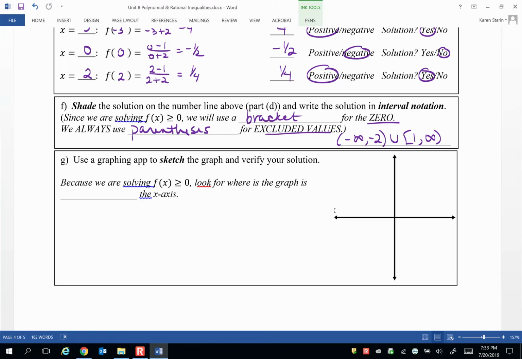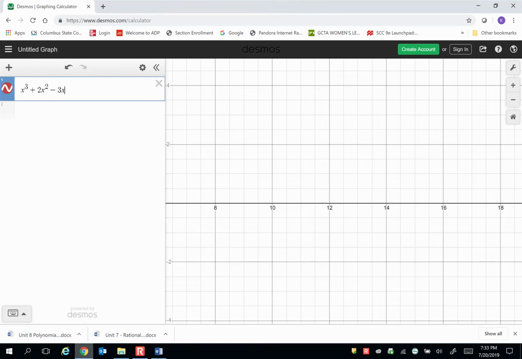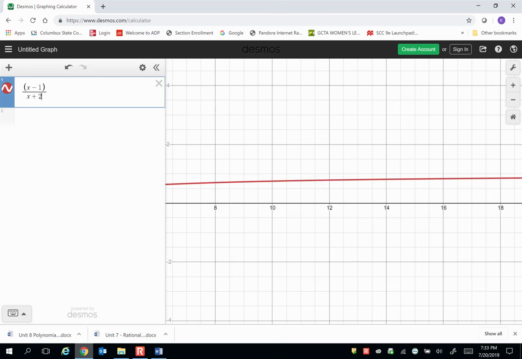So I'll just jump over to Desmos, and I haven't typed this one in yet, but we can do this together. It's real easy to get a fraction in Desmos. You just hit the forward slash and it'll make it into a fraction. So if we did x minus 1, I had to put parentheses around that, and then hit the forward slash, it'll make it into a fraction, and then x plus 2.